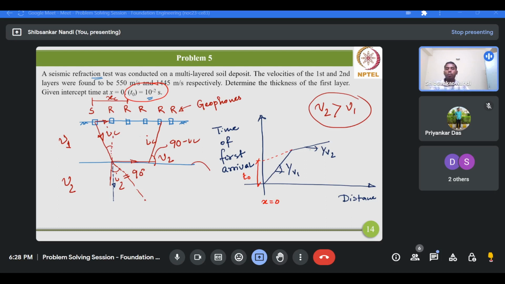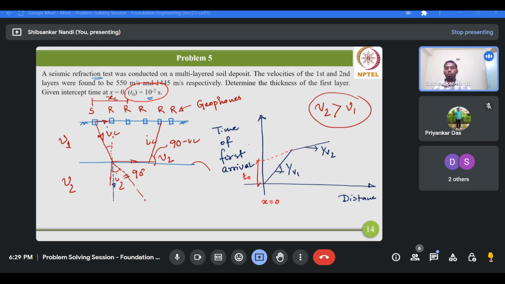However, this kind of data, time of first arrival versus distance, is not given to us. Rather, the velocities are directly given to you, the velocity of the first layer and the velocity of the second layer, and as expected the second layer velocity is more than the first layer velocity. So, for suitability of this kind of test, seismic refraction.